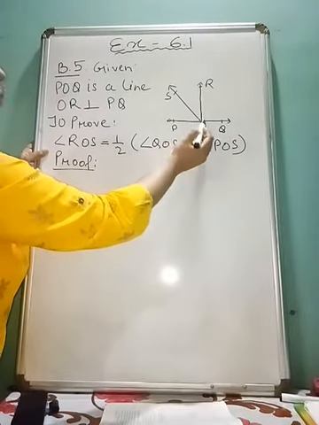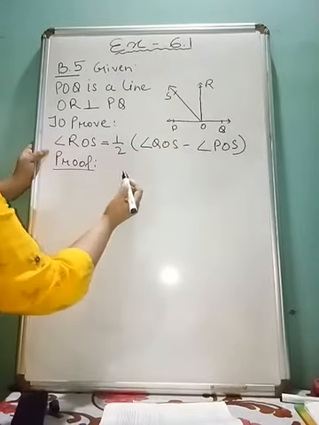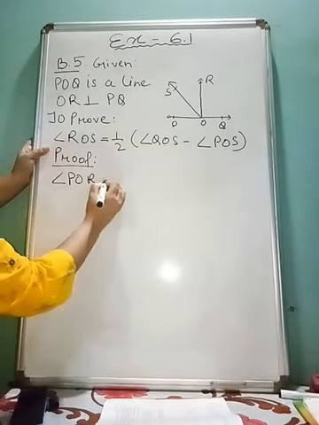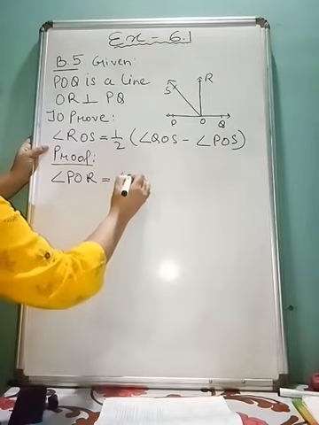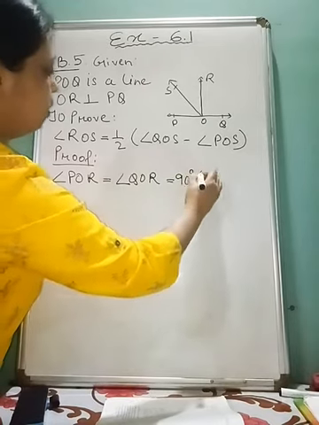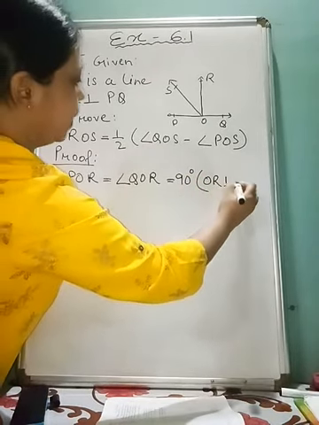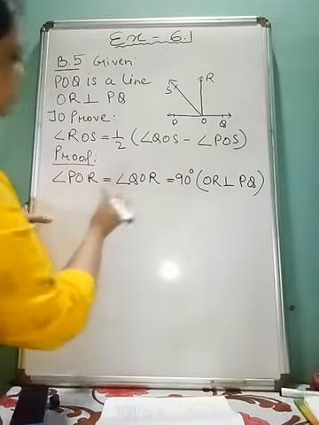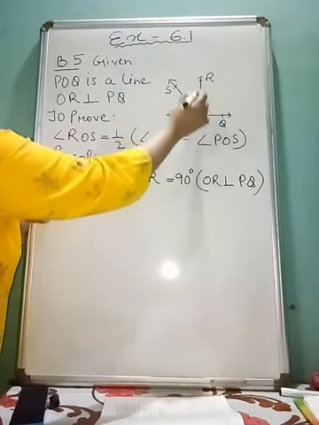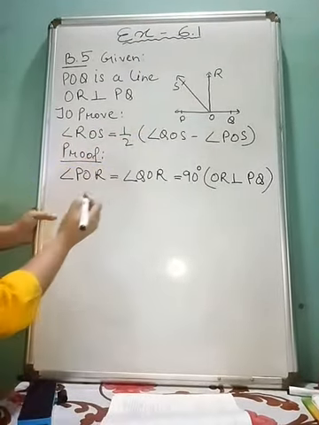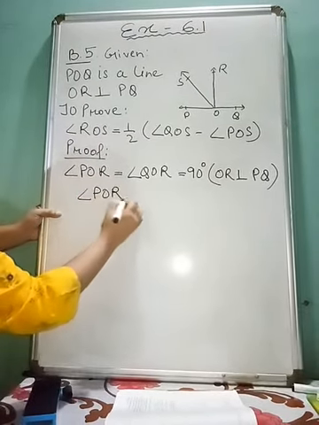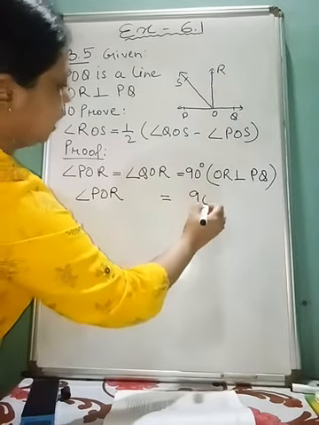So we can say angle POR equal to QOR equal to 90 degree. The reason you already know, OR is perpendicular to PQ. Okay, then we will say angle POS plus ROS equal to POR. So first of all, let us take this. We get angle POR is equal to 90 degree.